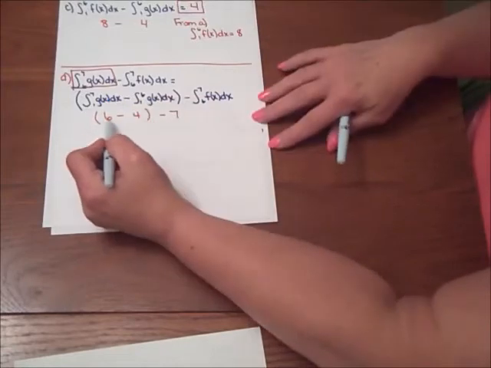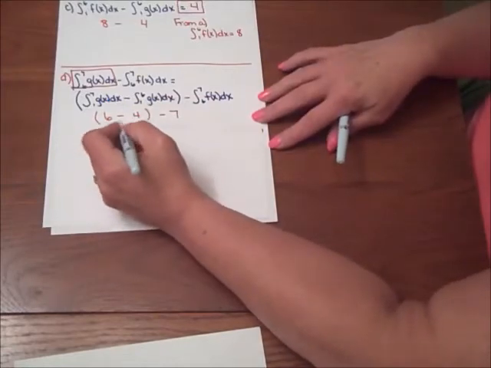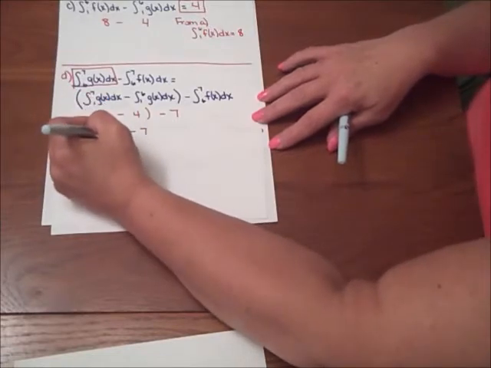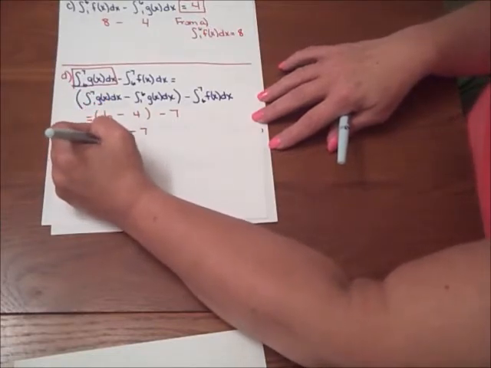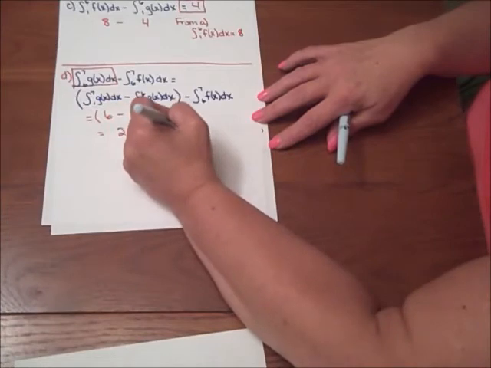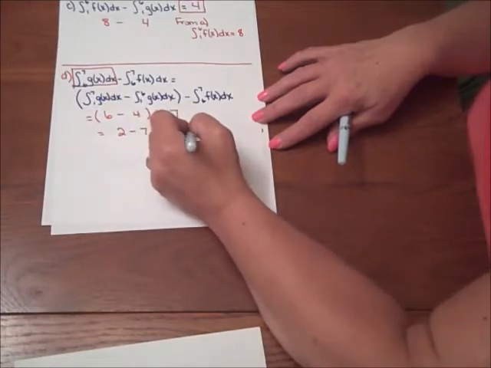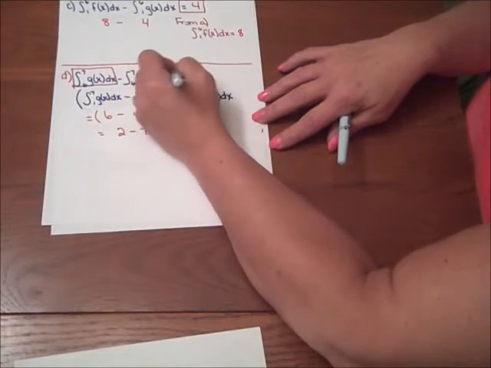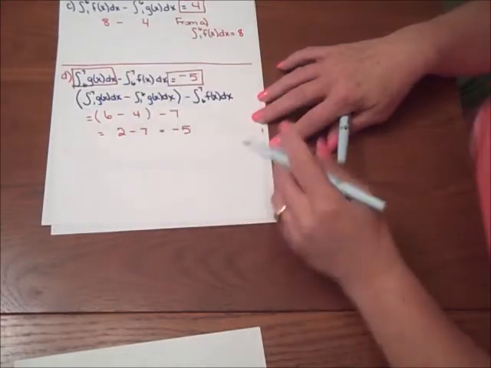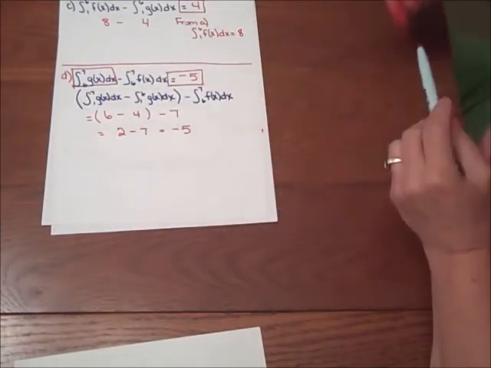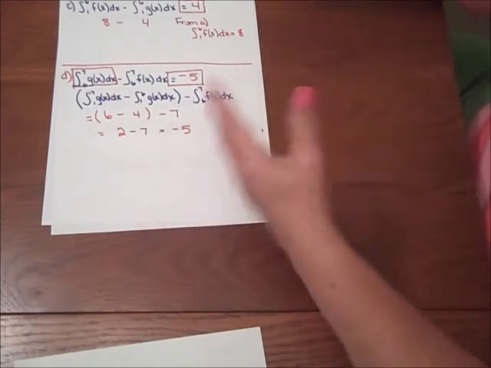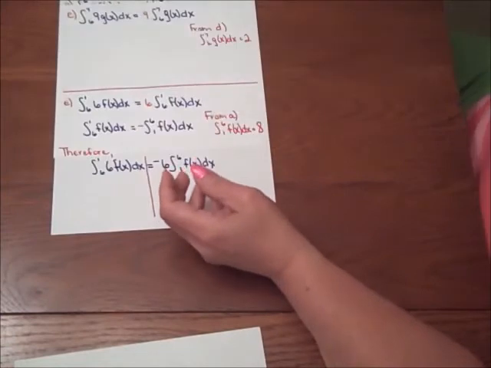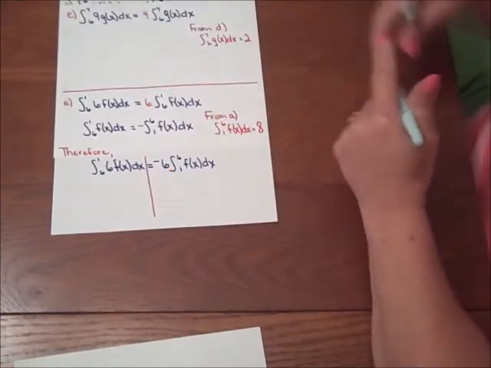Okay, so 6 minus 4 is 2, and 2 minus 7, and we can put equal signs here, and 2 minus 7 is negative 5. So our answer for D is negative 5. Okay, that one was a little bit harder, but I thought that doing it that way made it a little less difficult.